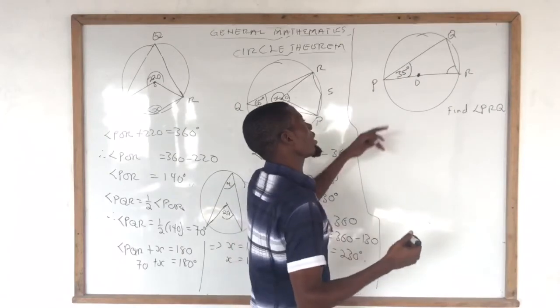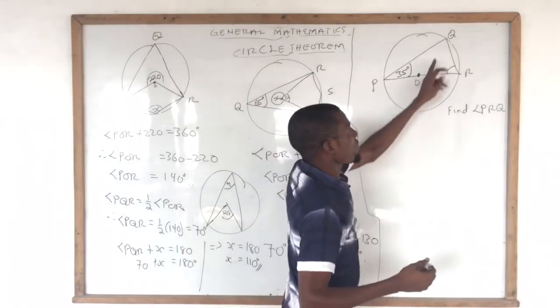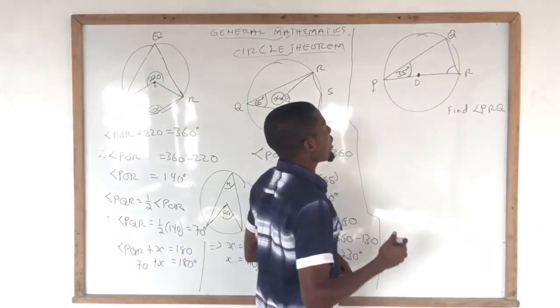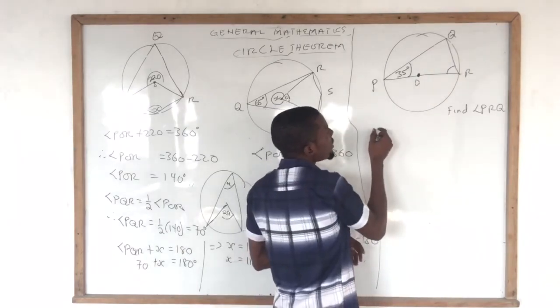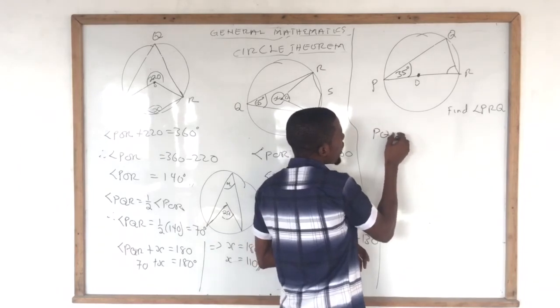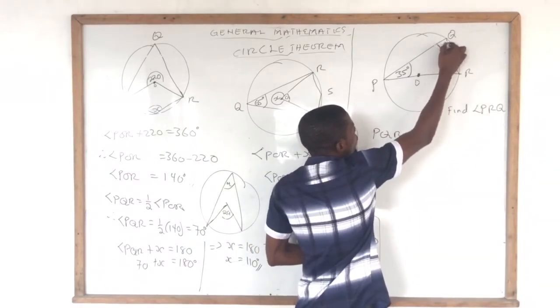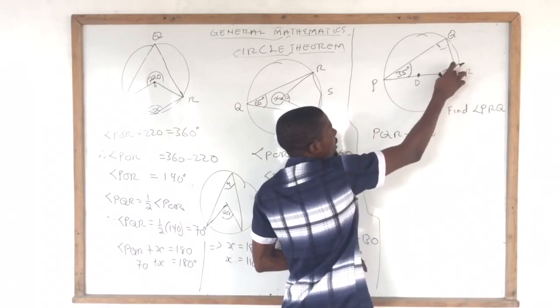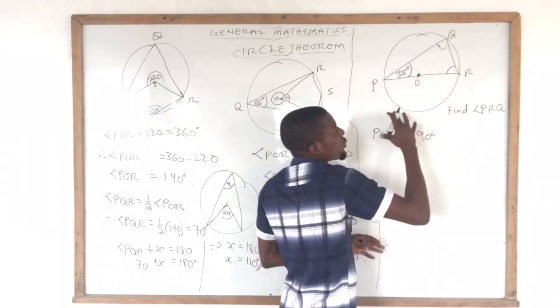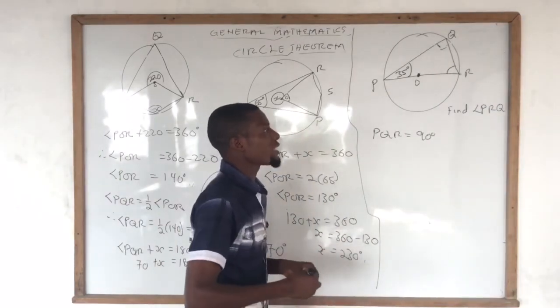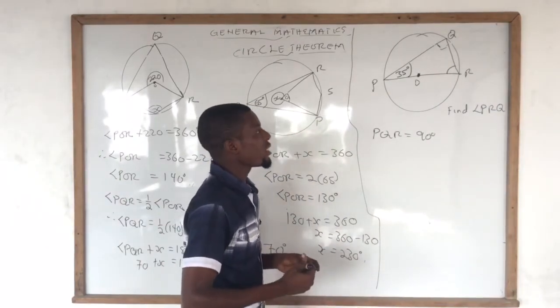Now, we all know that the angle that a diameter subtends at any point of the circumference is 90 degrees, remember? Which means that my angle PQR is equal to 90 degrees. Once this part is 90 degrees, I can easily find it, because this is a triangle. And we all know the sum of the interior angles of a triangle is always equal to 180 degrees, right?